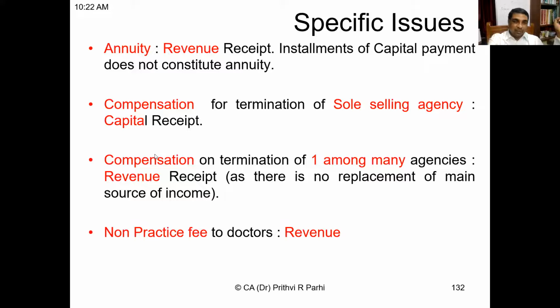In this kind of situation, it is said that compensation on termination of one among many agencies is a revenue receipt, as there is no replacement of the main source of income. The main source of income remains intact. Only one among many agencies is discontinued and compensation is paid. This is a revenue receipt.